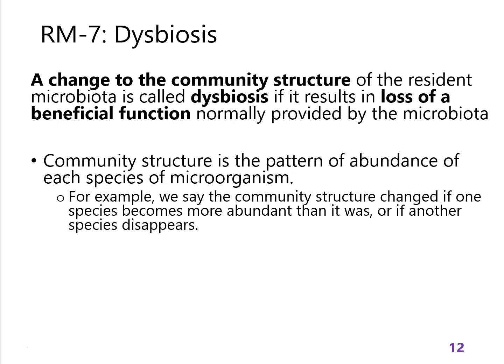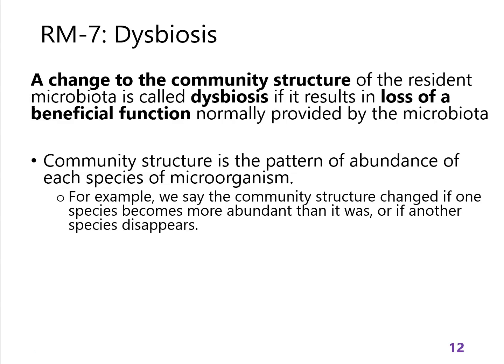So if you've got, I don't know, Bacillus that is extremely abundant, and you've got Streptomyces that is half as abundant, those measurements together are part of the community structure. And so if you list how abundant all the different bacteria are, how abundant all the different fungi are, that is a snapshot of the community structure.